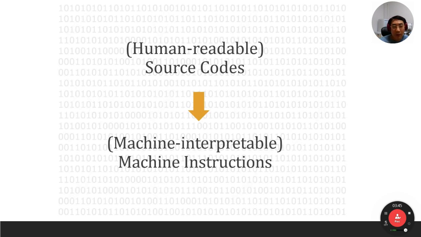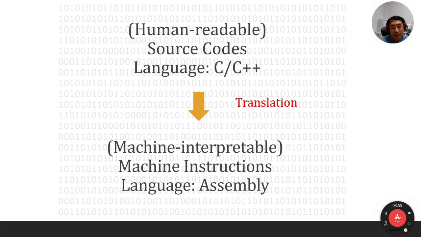As I said, we have dealt with human readable source code like C and C++, and the thing is that we have to translate this language, the source code, into machine interpretable machine instructions. And the language that the machine can understand is an assembly language.